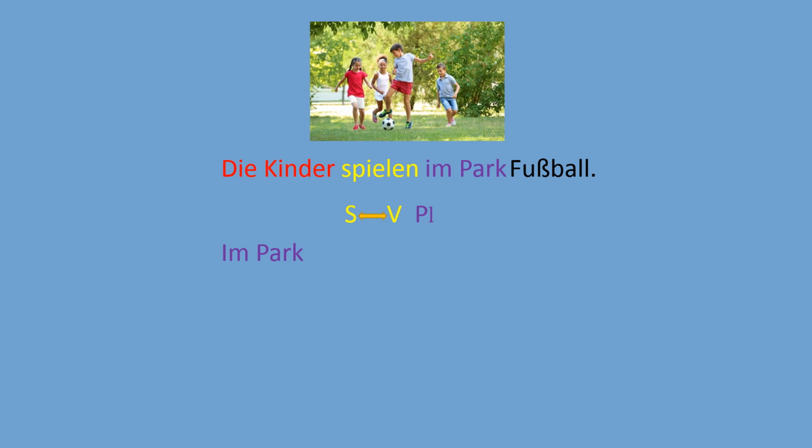So practically what I need to do now, I have to fill out the second grammatical position, but only by the verb. So I put my verb after park. I do not put a comma. In German, we don't put this comma. And what next do I need to do?